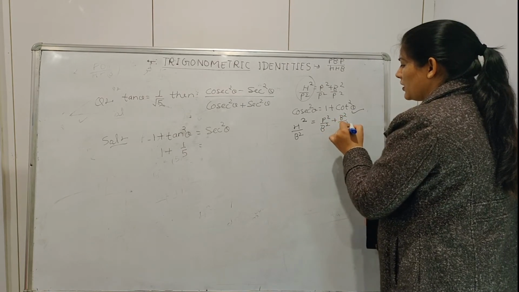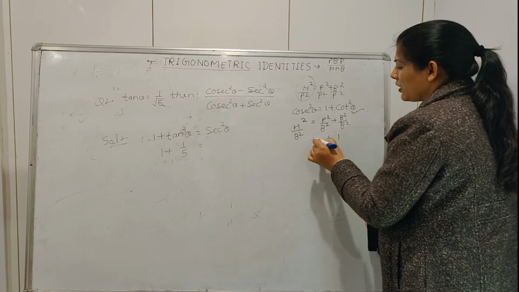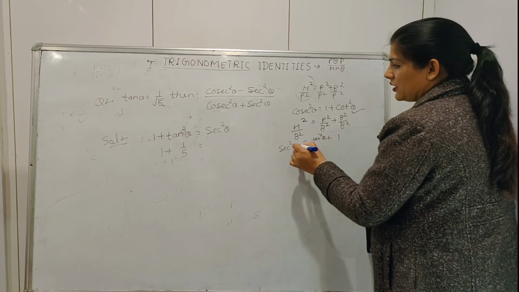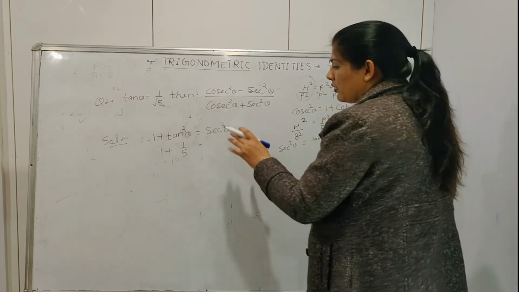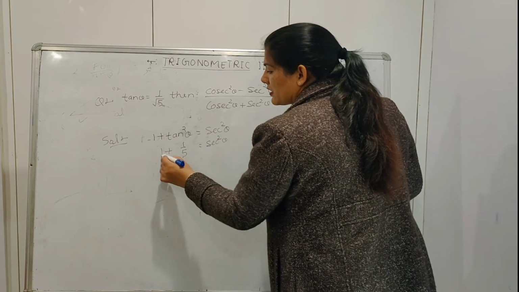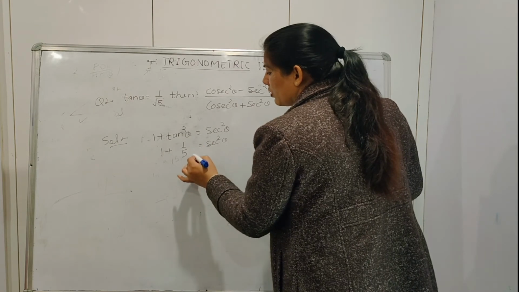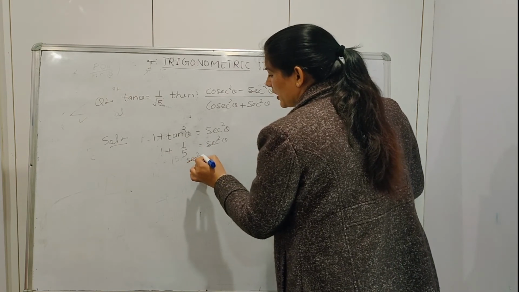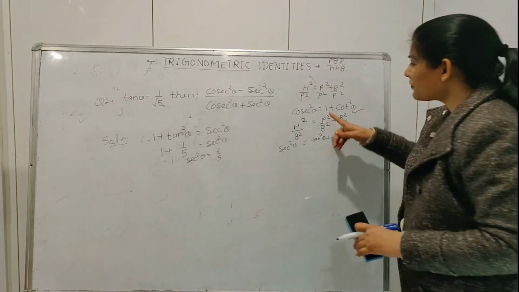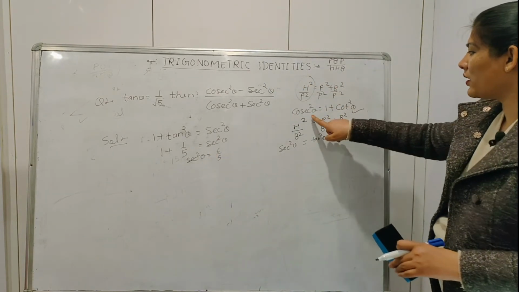So you can see here 1 plus tan square theta is equals to sec square theta. So I am finding the value of sec square here. So sec square theta is equals to 5 ones are 5 plus 1 equals to 6 upon 5. So sec square theta is equals to 6 upon 5.